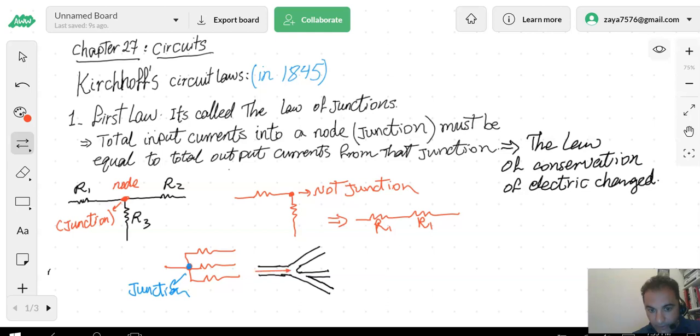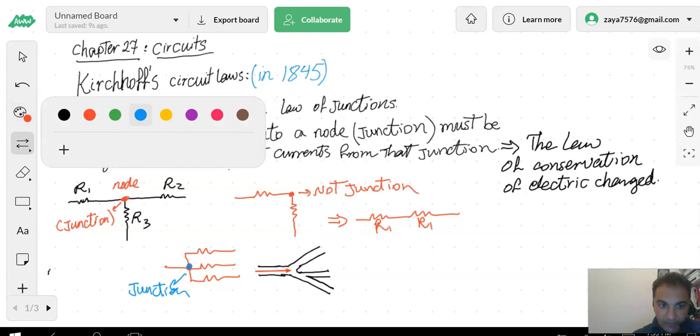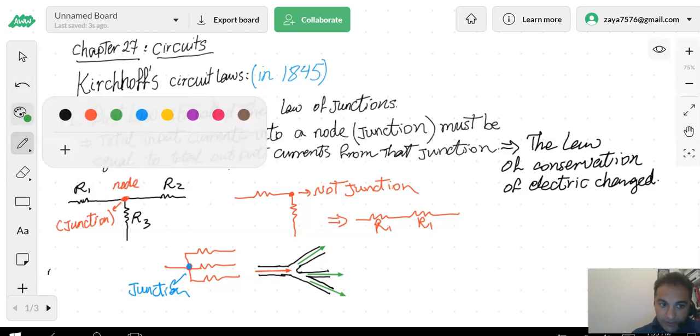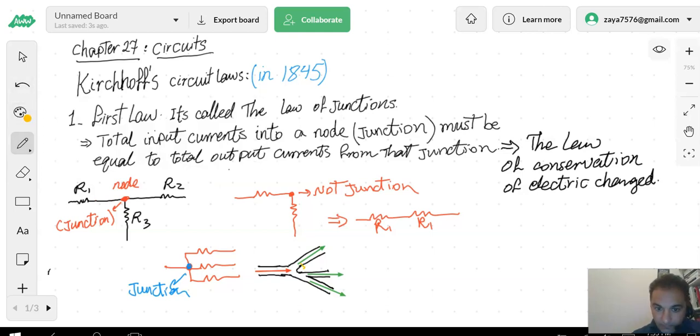Watch, guys. This is input, correct? Then these three are outputs. So this point is called a junction.